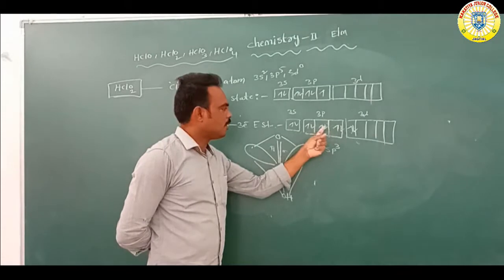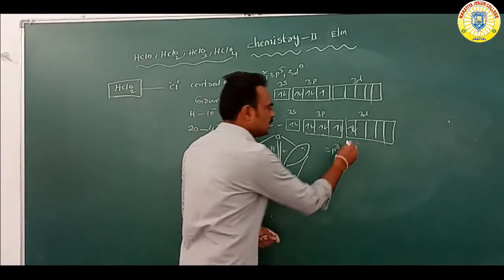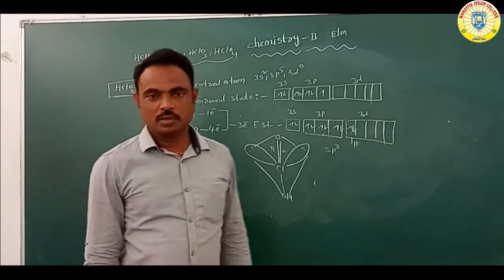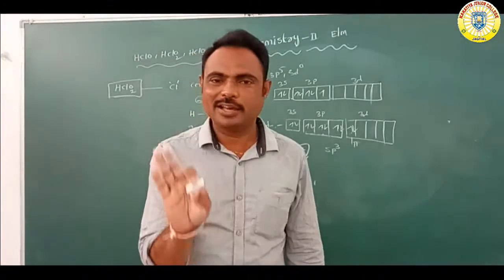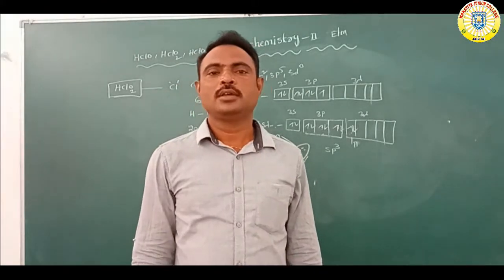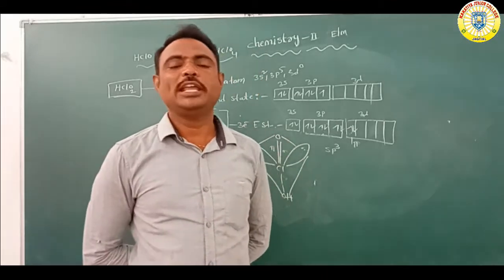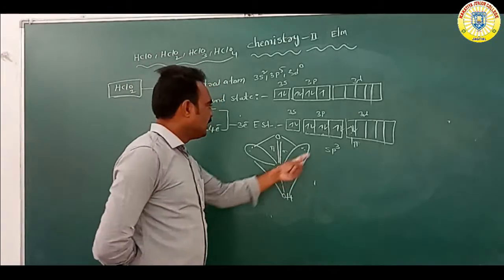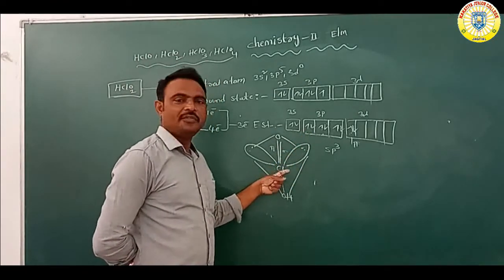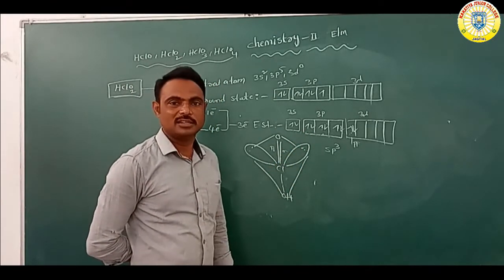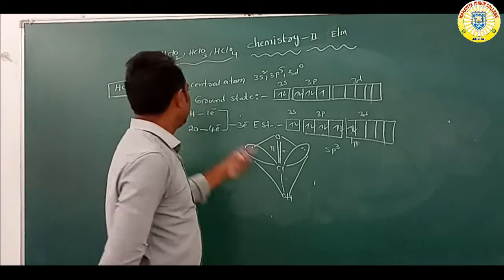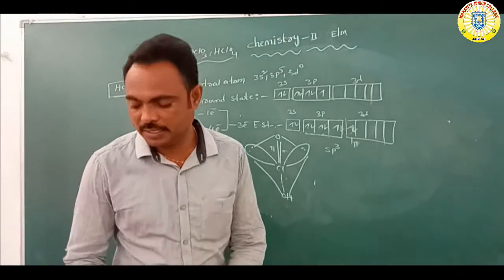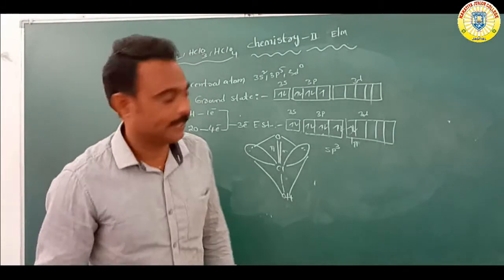A pi bond is a weak bond, so it is not considered in the hybridization. That's why it is only sp3 hybridization with a tetrahedral structure. That is HClO2, chlorous acid.